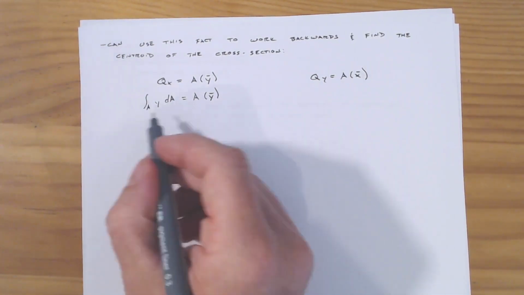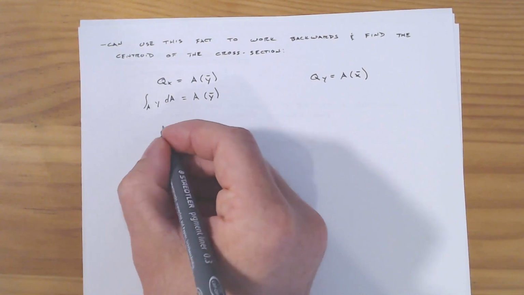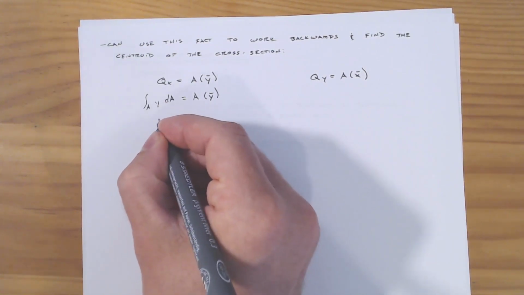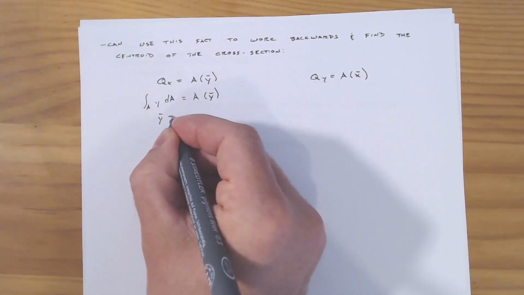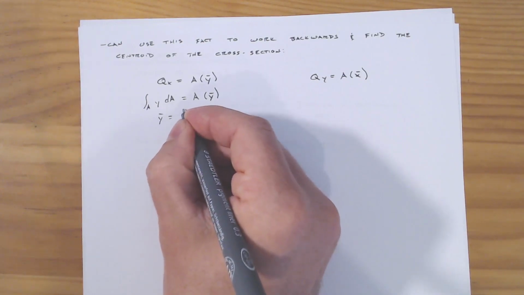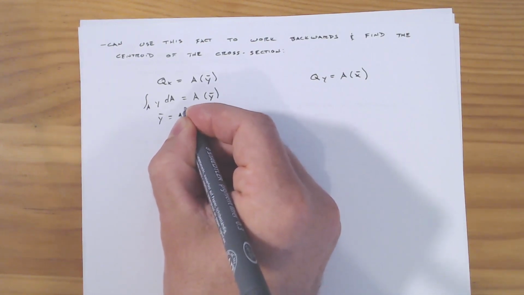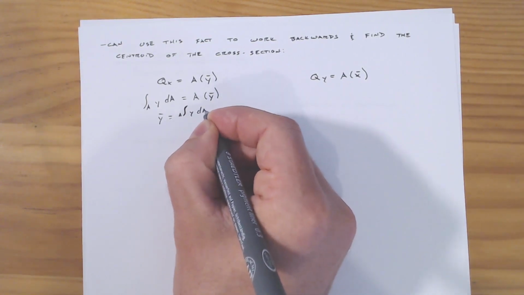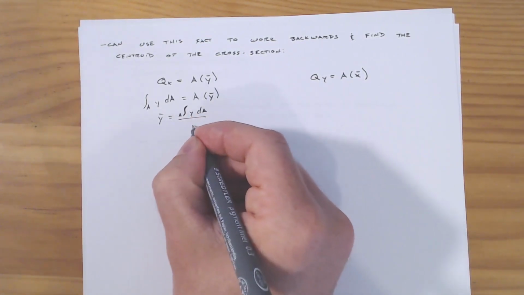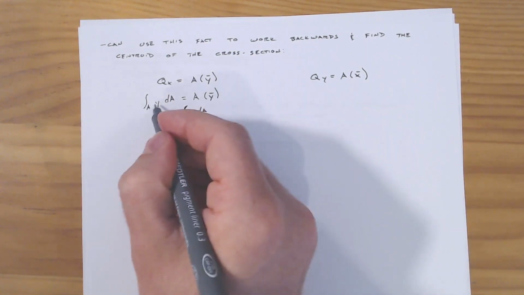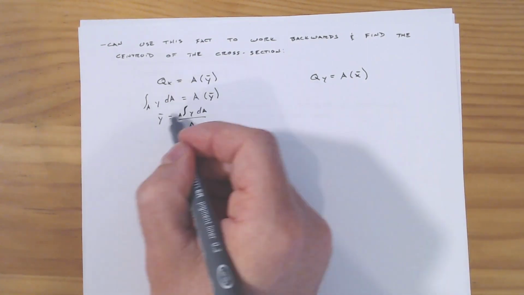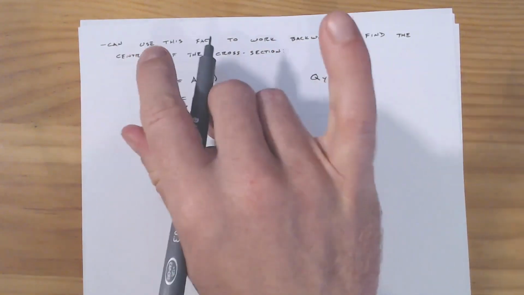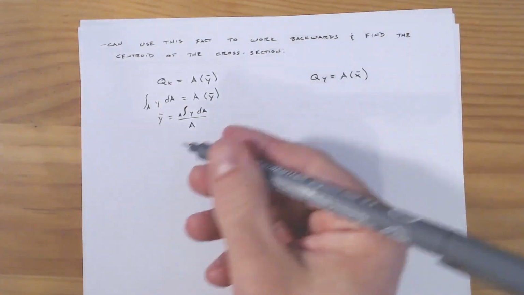We'll do a little bit of algebra and rearranging, and that gives us y bar equals the integral over the total area of y dA over A, so I'm effectively moving the area over there and then flipping the two equations.